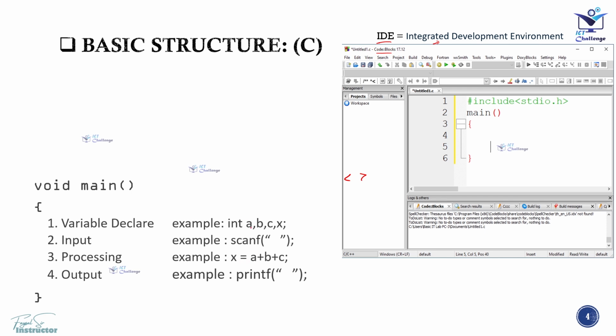So at first we write int, that means all of the variables will keep integer values. So here we write int a, b, c and x. That means a will keep an integer, b also will keep an integer, c and x, everybody will keep an integer number. So here the variable declaration is our first task.